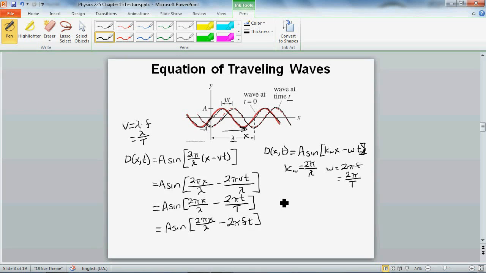Now, an interesting relationship can be found by taking a look at the velocity is equal to lambda times frequency.